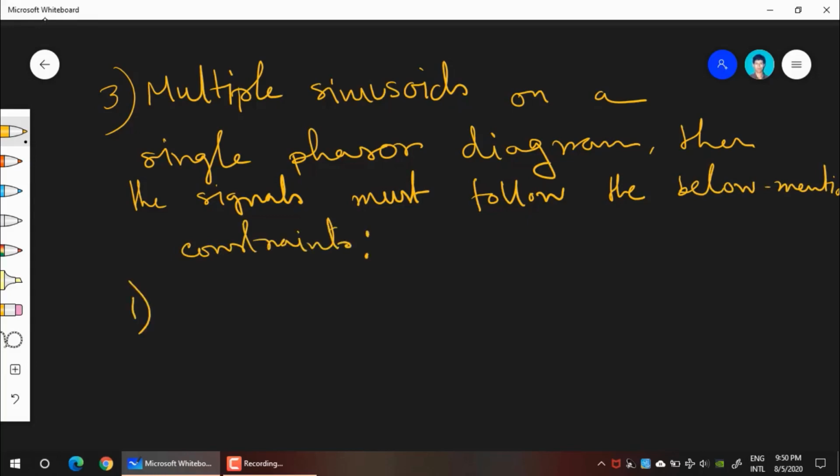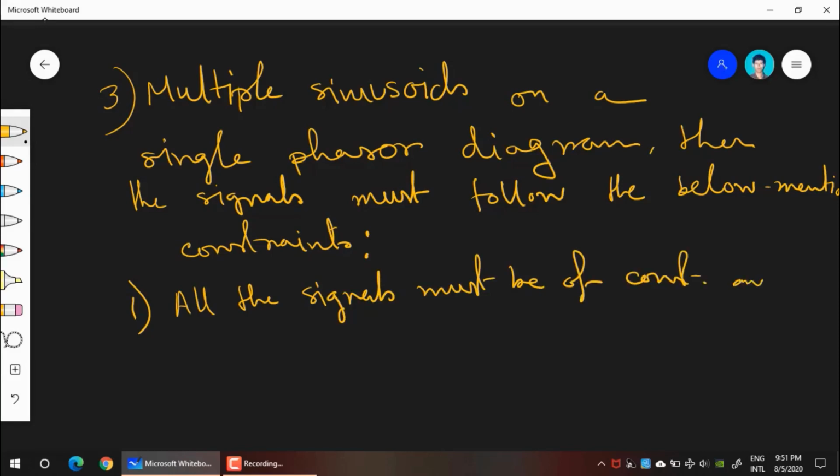What are the constraints? All the signals must be of constant amplitude.